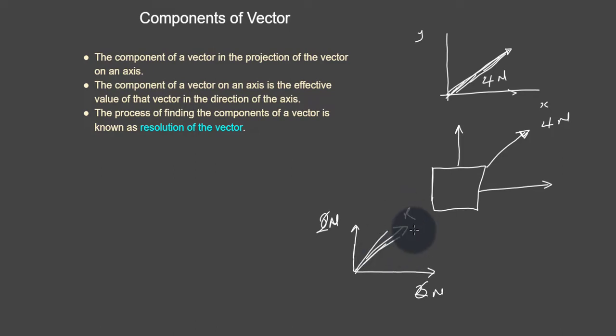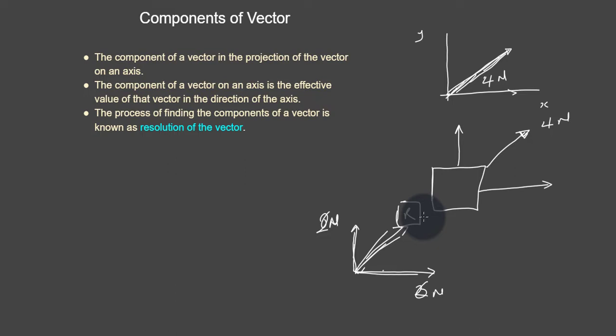Now, what component of a vector is telling you is, if you know the resultant, can you guess what the horizontal component and vertical component are? In other words, can you guess those two components that gave rise to this resultant vector? That is exactly what we mean by component of a vector. It's like you taking this single vector and trying to break it into two or more.